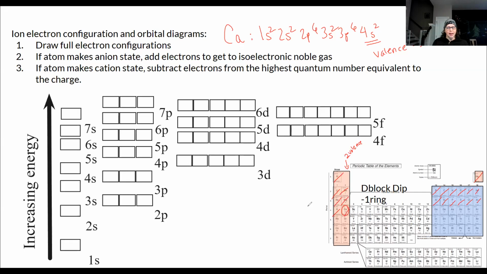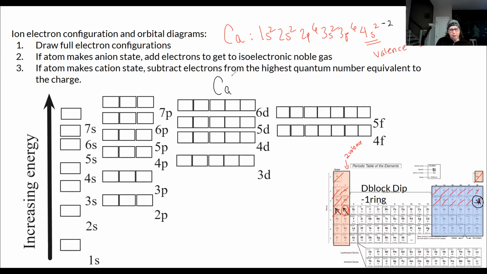He can't add 6 more boxes. He's having to go through a whole heck of a lot to get to krypton, so that is just not going to work. He's going to go the other way around because it's closer to be like a noble gas. He has to take away 2 boxes to be like argon. So he's going to lose 2 boxes to be like a noble gas.